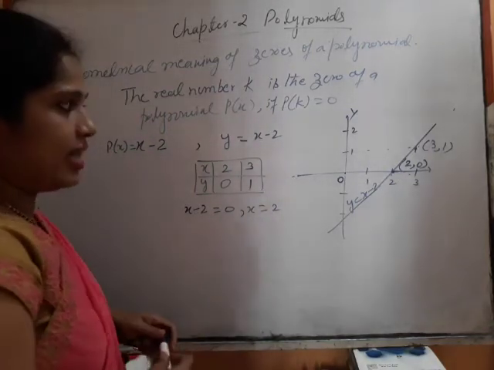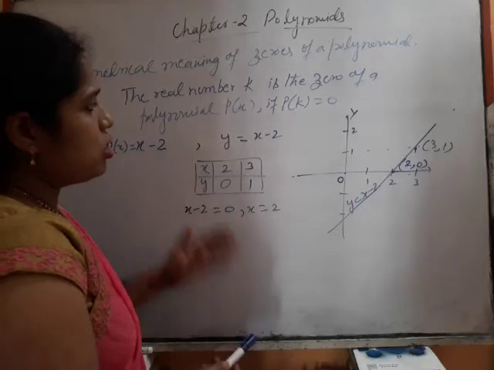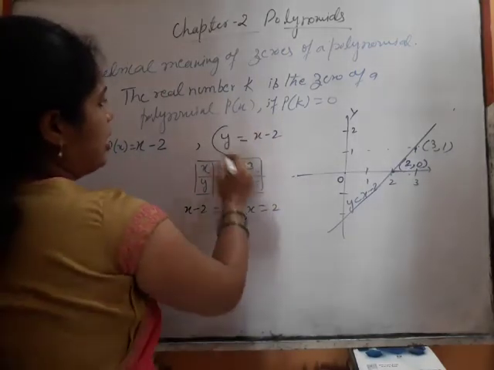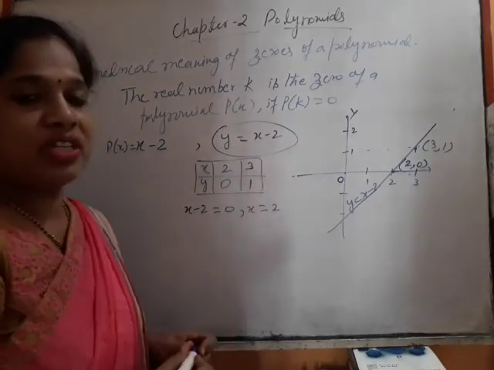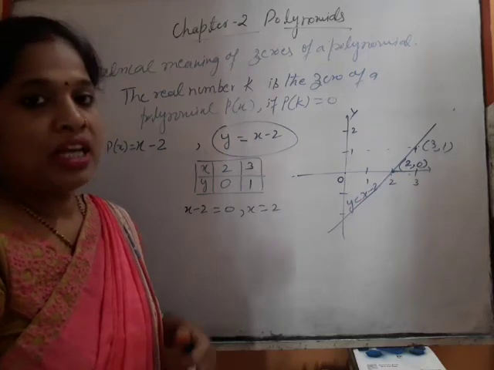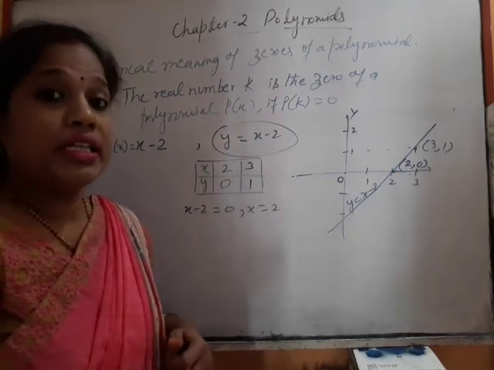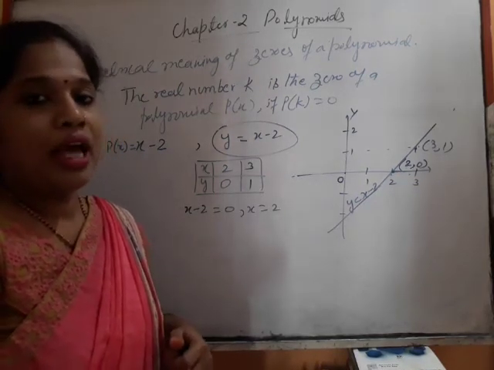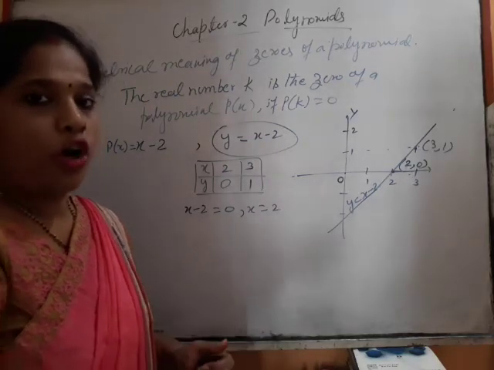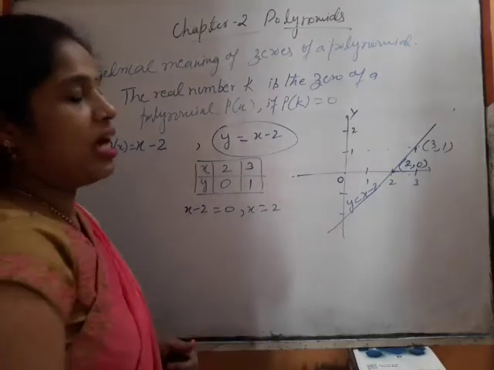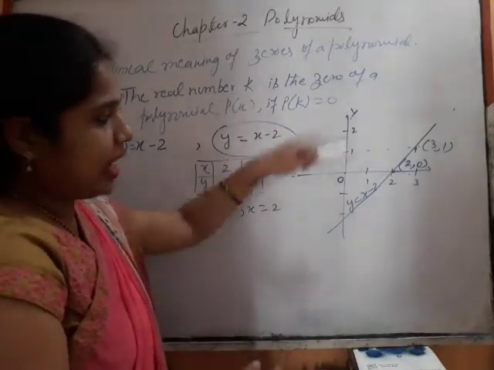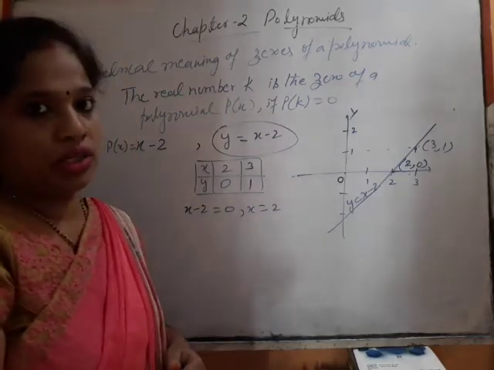So we can say that the zero of this polynomial, which is a linear polynomial, is the x coordinate of the point lying on the graph of the linear equation.